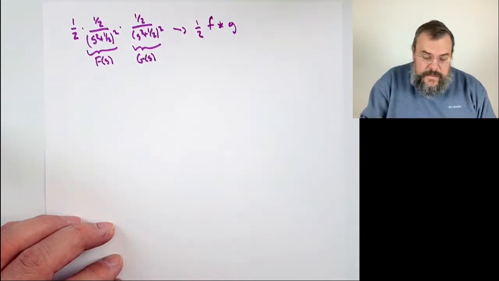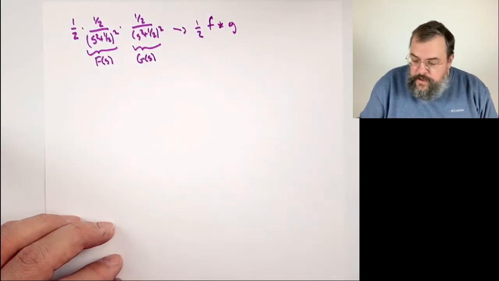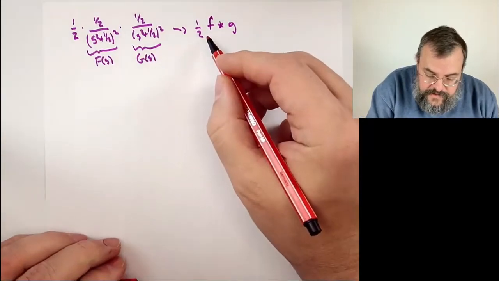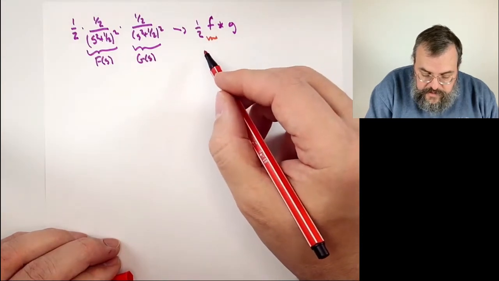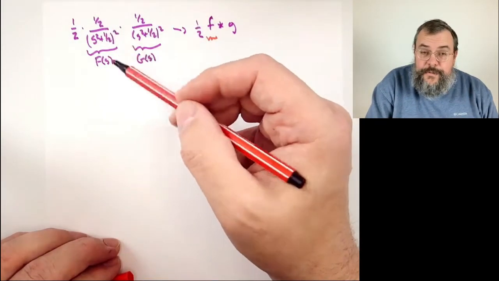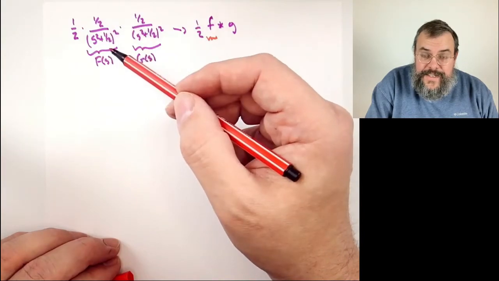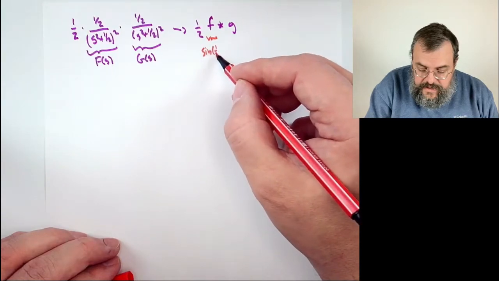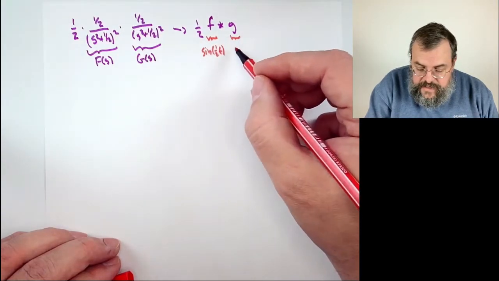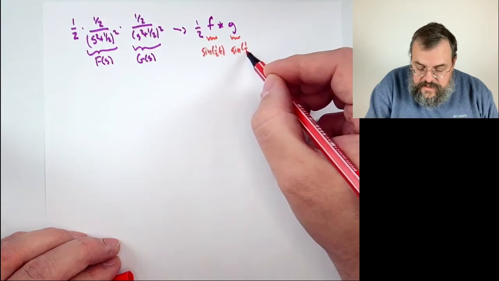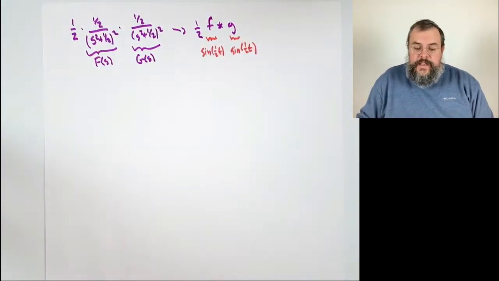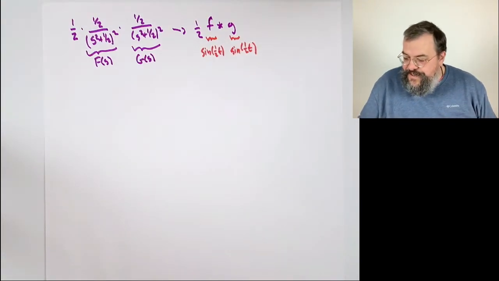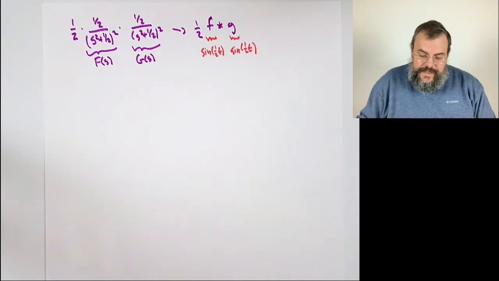Now, we should note what f and g are. f is going to be, if we just took the inverse Laplace transform of that, sine of a half t. And again, g is sine of a half t. And now we're like, oh, great. So all we have to do is find f star g and life is good.